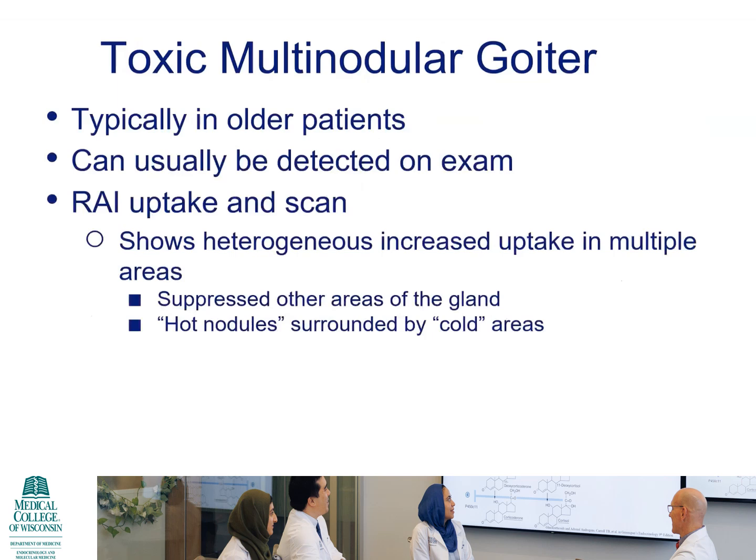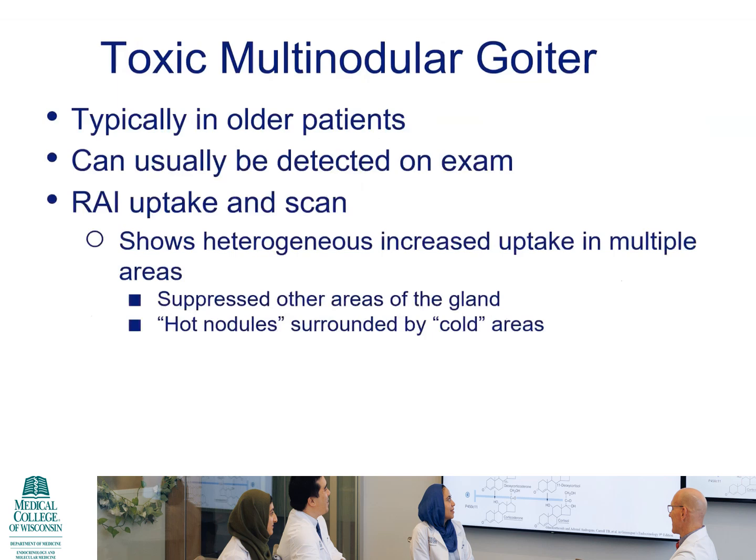So if we're talking about a toxic multinodular goiter, this typically occurs in older patients. It often can be detected on exam. You can feel the nodules, but remember that just because a patient has a nodule doesn't mean that those nodules are overactive. On the iodine uptake and scan, these patients have what's characterized as a heterogeneous uptake.